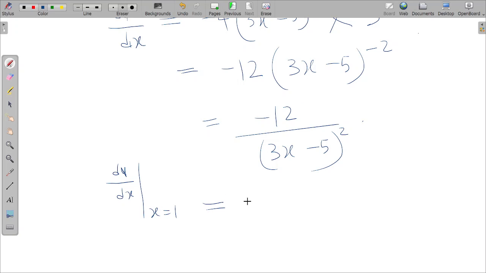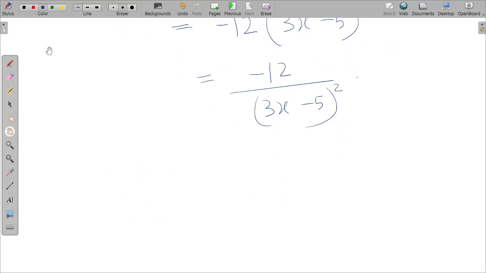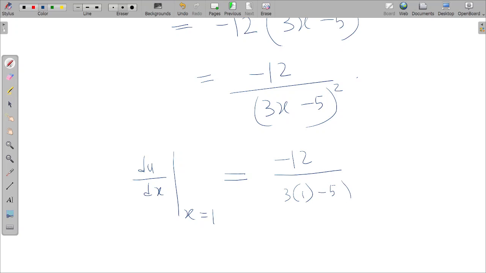So du over dx at x equals 1. What will be that value? That will be minus 12. Let me shift this a little down so that you will not be confused. Let's write it properly. So du over dx at x equals 1 is minus 12 over (3 times 1 minus 5) all squared.